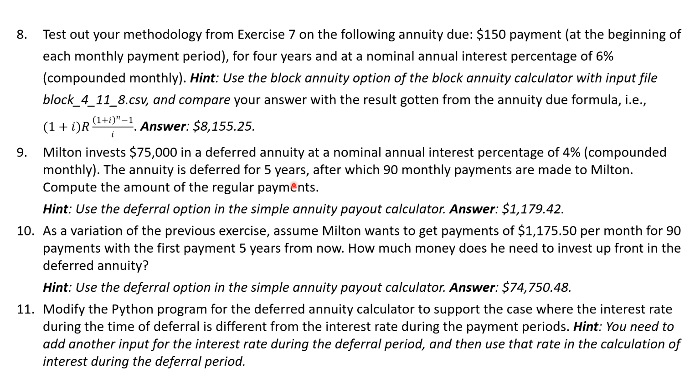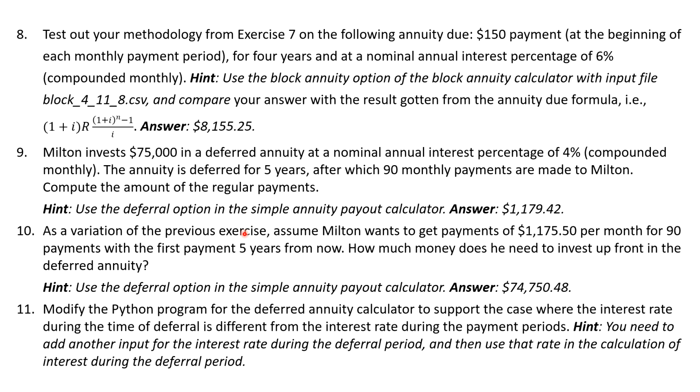Then in a variation of this problem, let's say that we don't know what the initial amount is, but Milt wants to get payments of $1175.50. Maybe that's the amount of his monthly rent, and he would like to know how much he needs to invest in a deferred annuity under the same conditions, 5 years deferral and then 90 monthly payments.